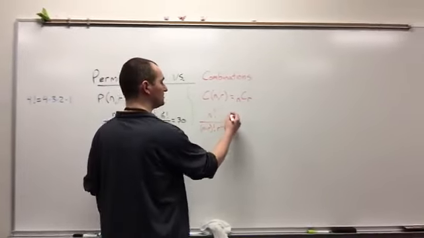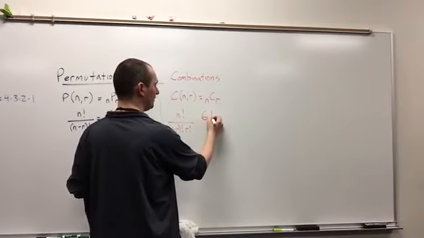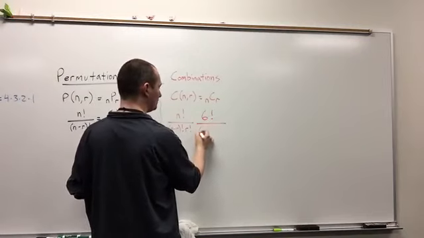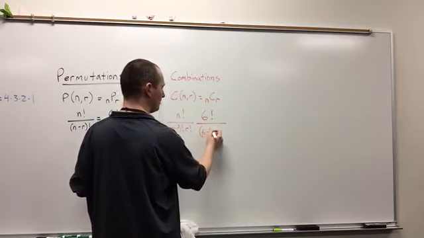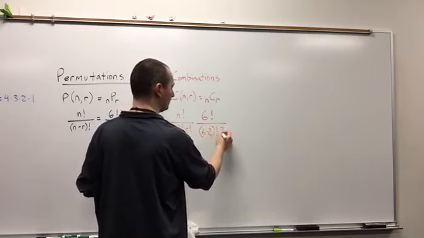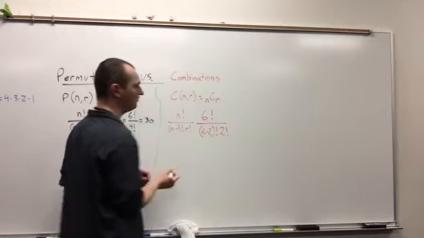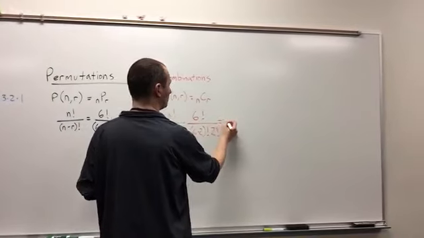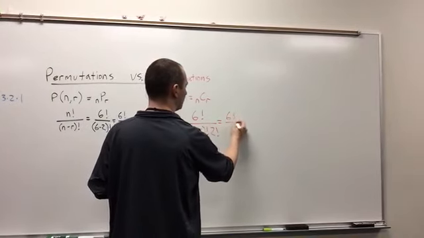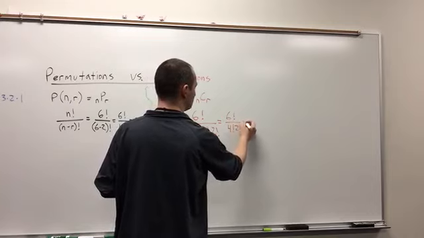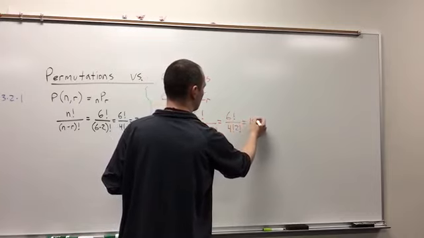It'll be 6 factorial in our numerator, but in the denominator, not only are we going to do 6 minus 2 factorial, we're also going to divide that by another 2 factorial. So if you do that, you're going to end up with 6 factorial divided by 4 factorial times 2 factorial, which should come out to be 15.